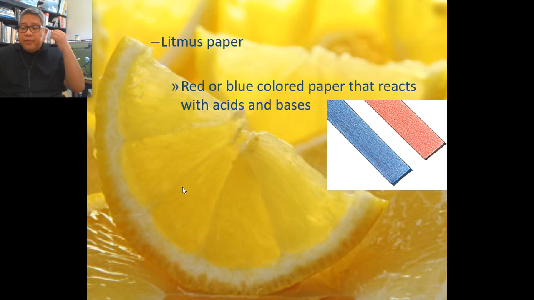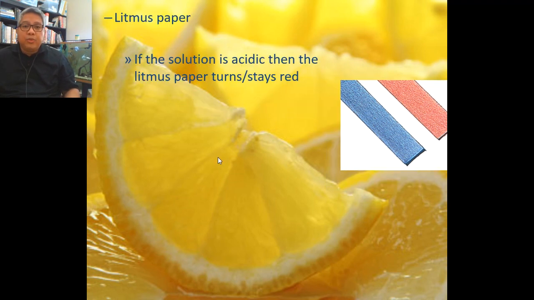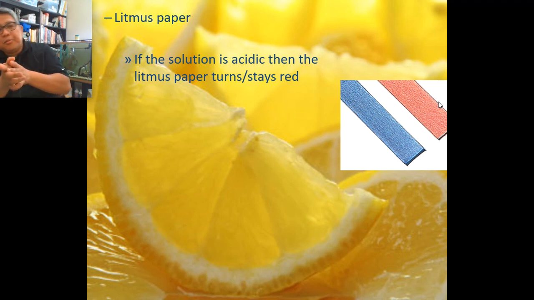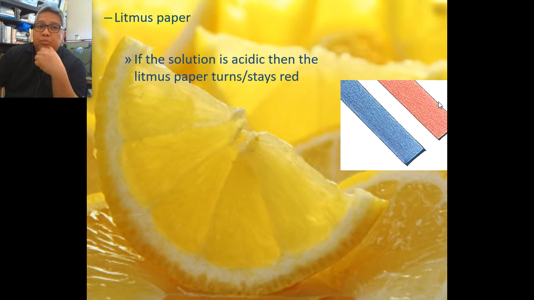Another way to tell whether it's an acid or a base is the litmus paper. If the solution is an acid, the red litmus paper will remain red, and the blue litmus paper will turn red.